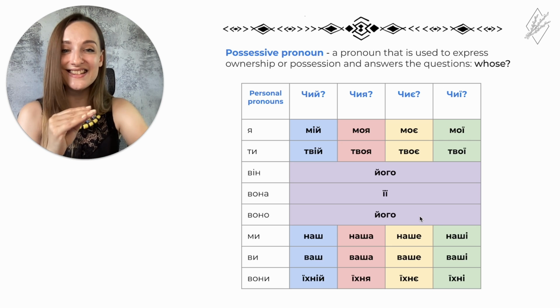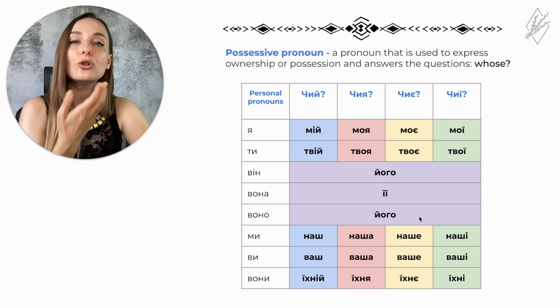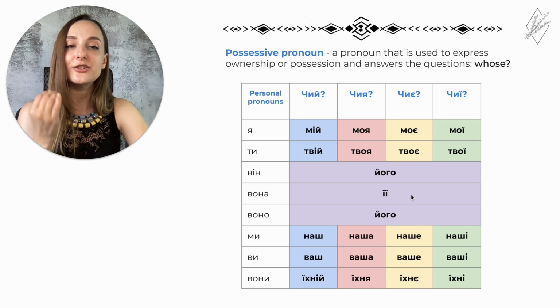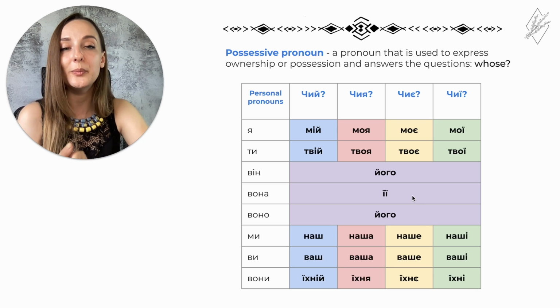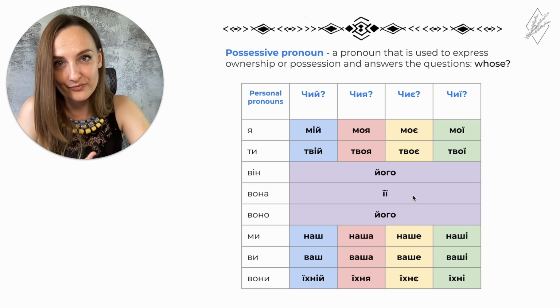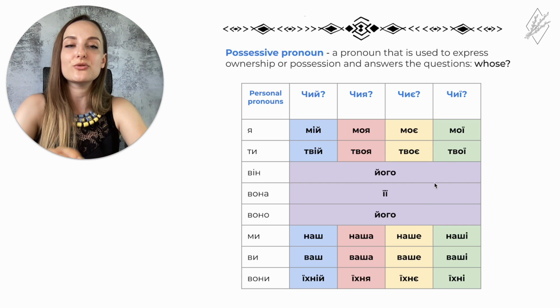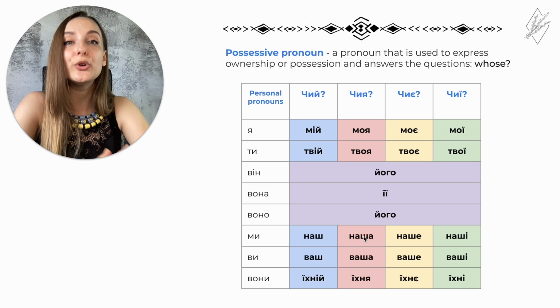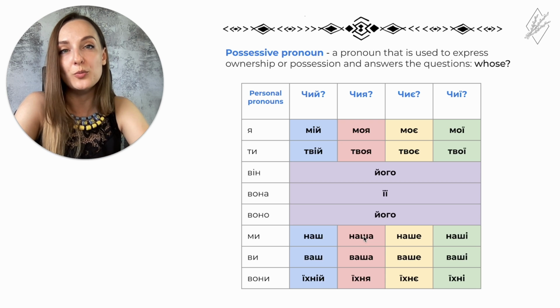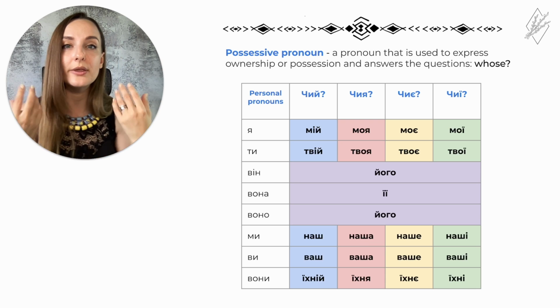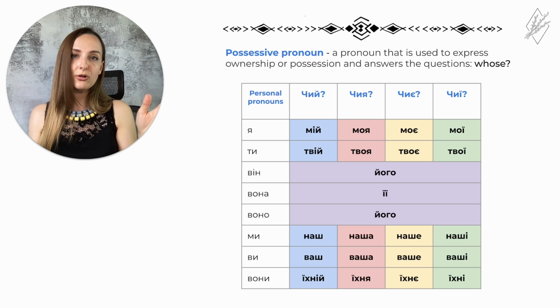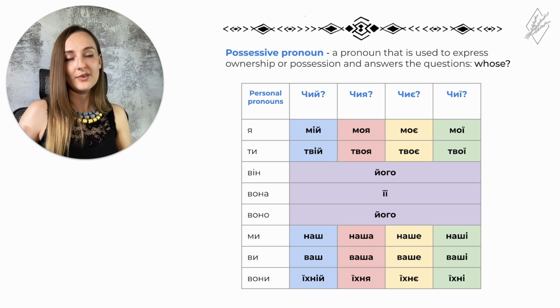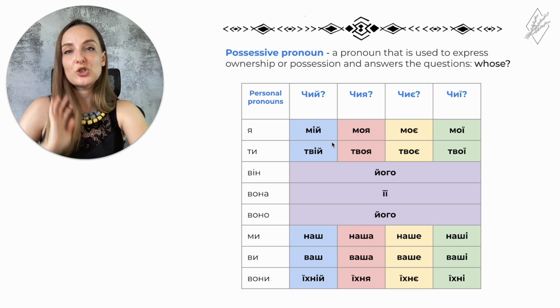His or its will always be just його, and feminine form her will be її. So here, for these 3 pronouns, for the third person singular form, we do not care about the object. What is its gender or number? We just say його or її.